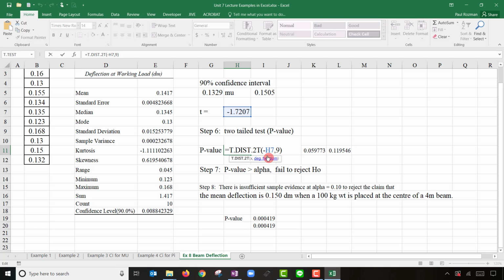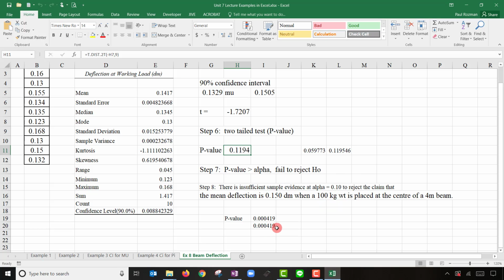So I just plugged in my t-score and my degrees of freedom, and it gives you the p-value. But I noticed that when you use the 2T function, it doesn't allow you to put a negative number in for t. So I put an extra minus in to make it positive. And then that gives us our p-value of 11 or almost 12%. The p-value is greater than alpha, so we fail to reject the null hypothesis, and we get the same conclusion.